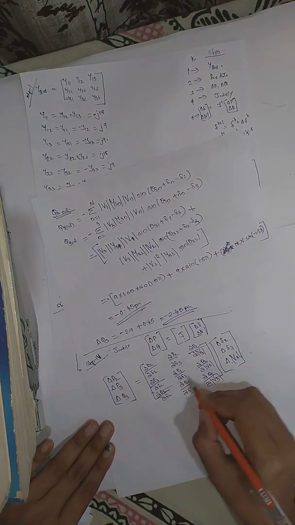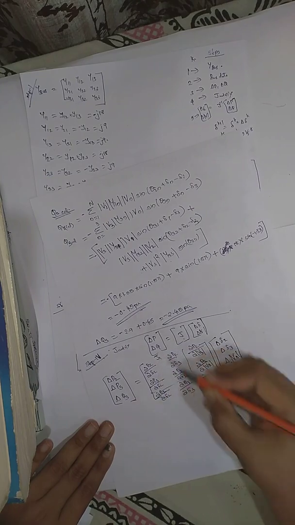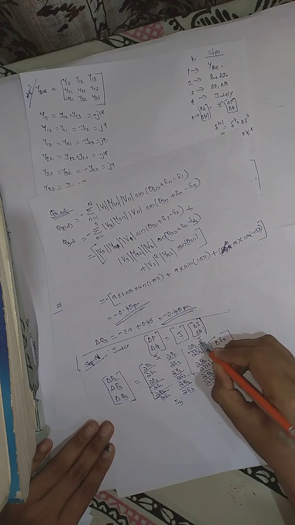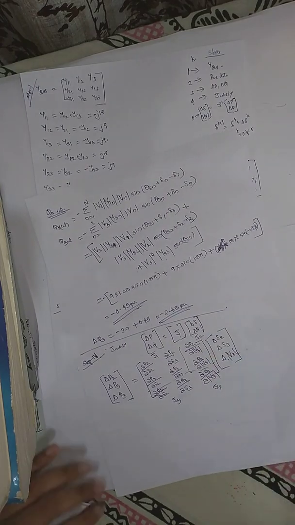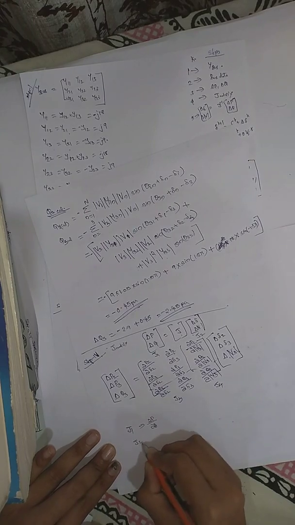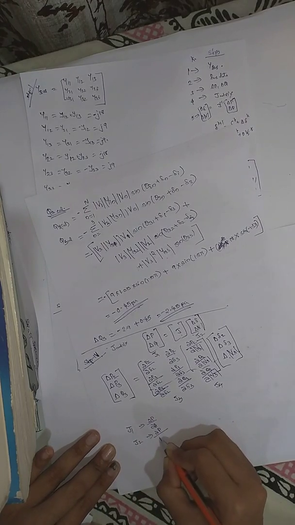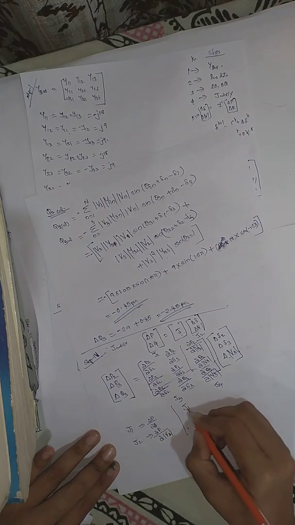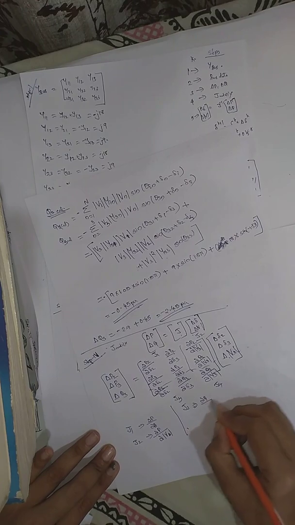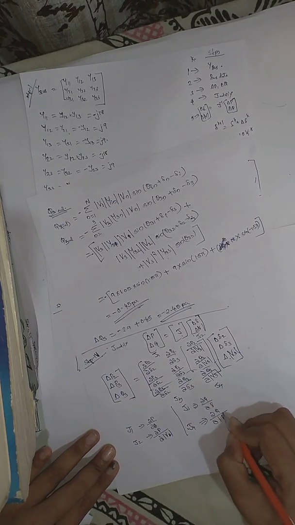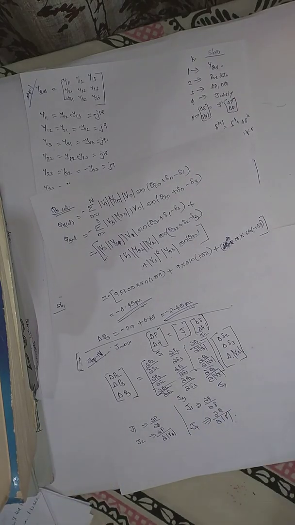This will be our J1 matrix, J2, J3 and J4. So J1 will be dou P by dou delta, J2 will be dou P by dou V, J3 will be dou Q by dou delta, and J4 will be dou Q by dou V. This is the matrix we are going to find out. That will be uploaded in the next part.